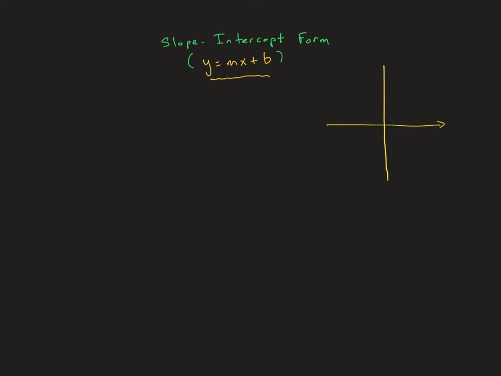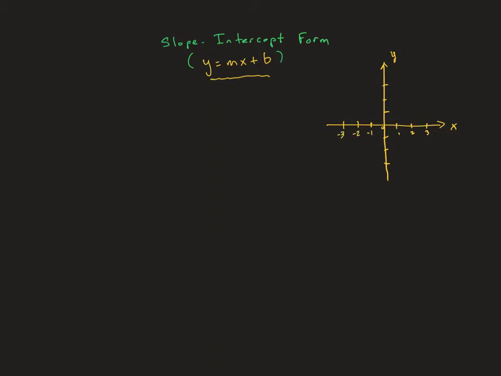Some basics for your coordinate plane: you want to make sure that you have your axes labeled, so I have my y, my x, and you want to make sure that you have some form of measurement identified on your graph. So in this case, I would have 1, 2, 3, and of course my origin is 0, and then I'd have -1, -2, -3.